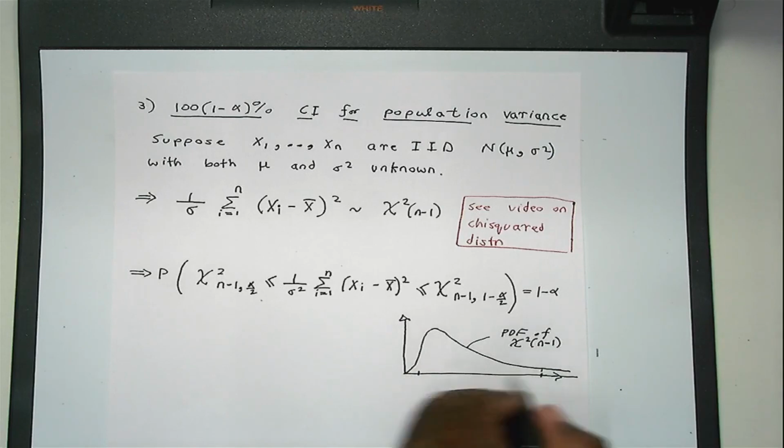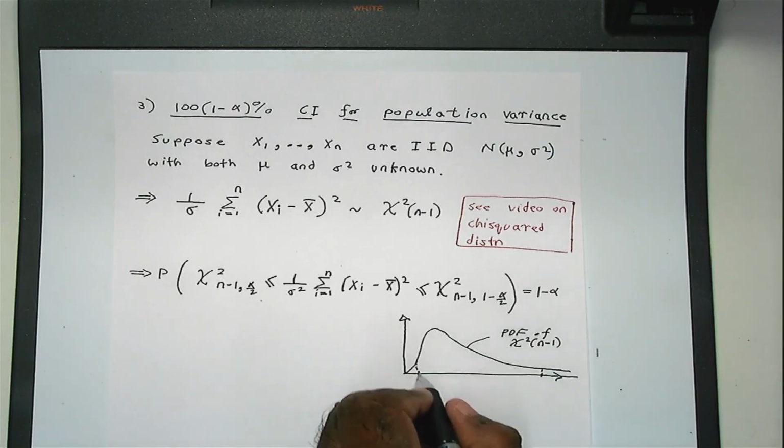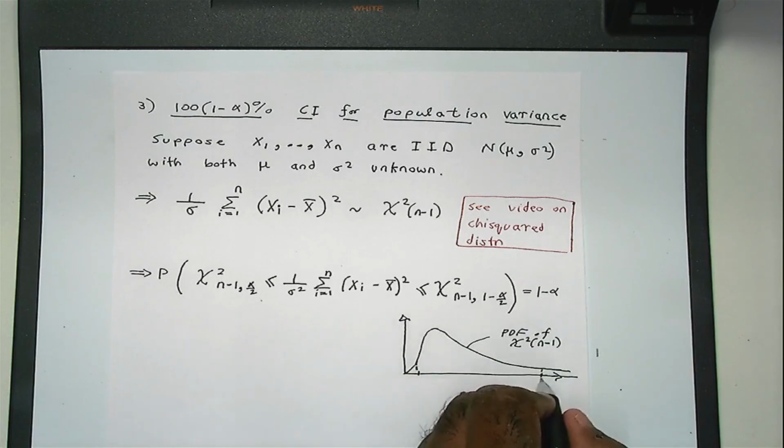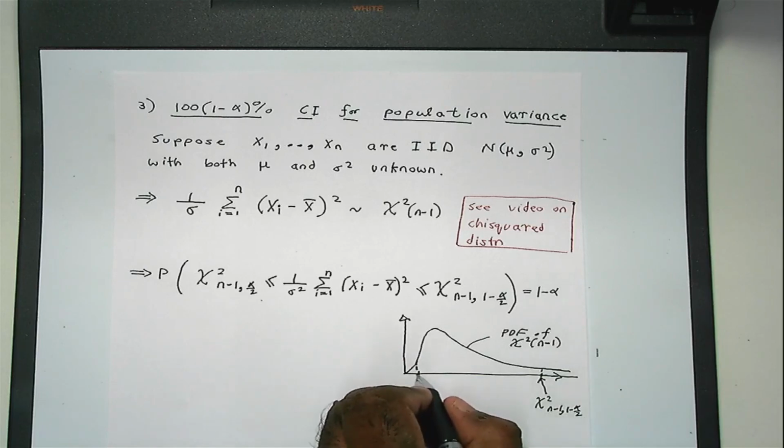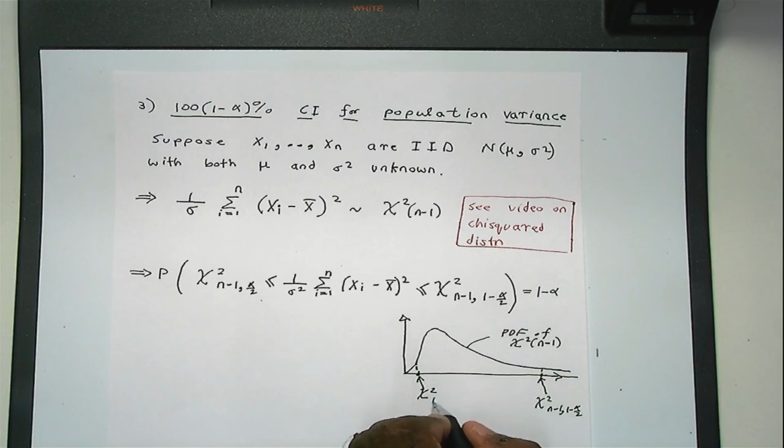So basically this is your chi squared n minus 1 minus alpha by 2, and this is the chi squared n minus 1 alpha by 2, right?